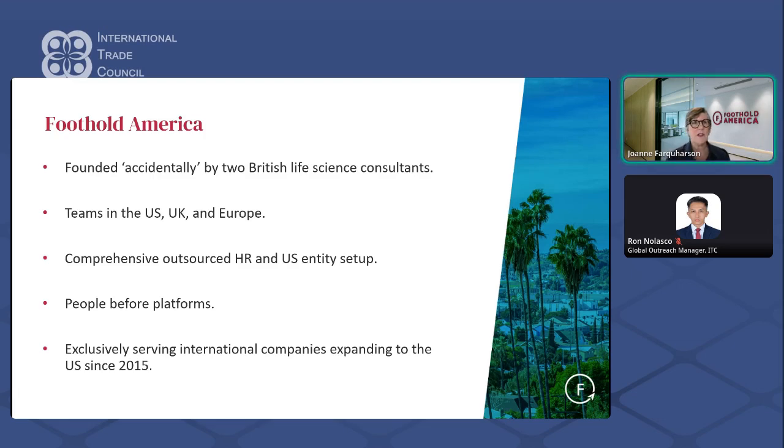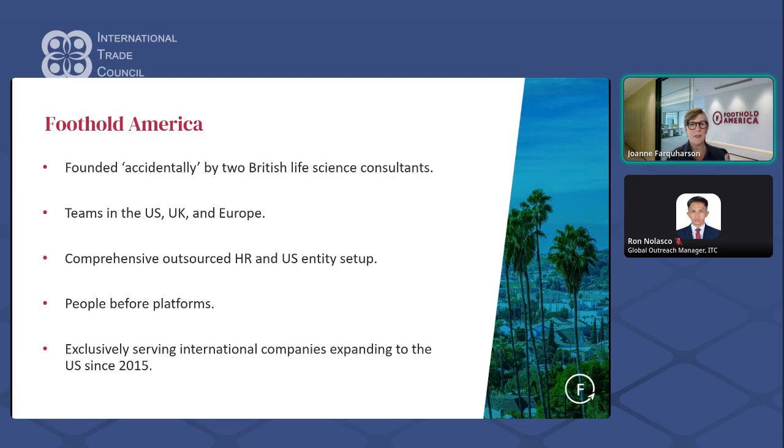And when they got to the US, they realized it was a lot more difficult to manage things like compliance and payroll and the benefits, the health insurance benefits that are very important. They got some not great tax advice that they had to undo a few years later. So it took them a little while to figure out how to be successful in the US.